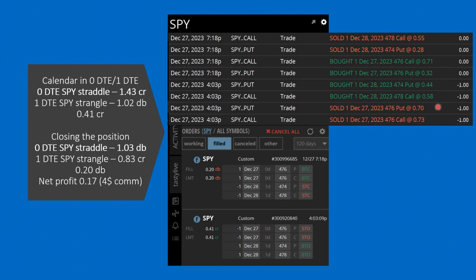you can see that the put really crashed down, while on the 1 day it was interesting that I actually profited on the call side. Let's say I bought at 58 and sold at 55, okay, that's unchanged, but then here I really lost on the put side, buying at 44 and selling at 28.